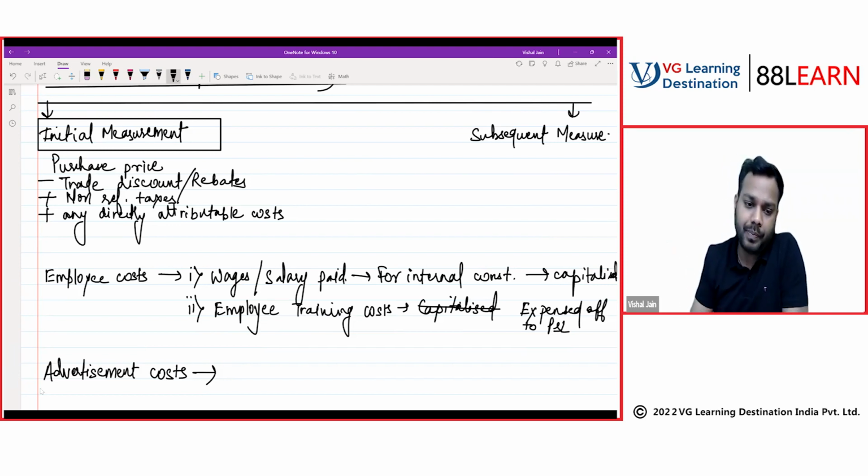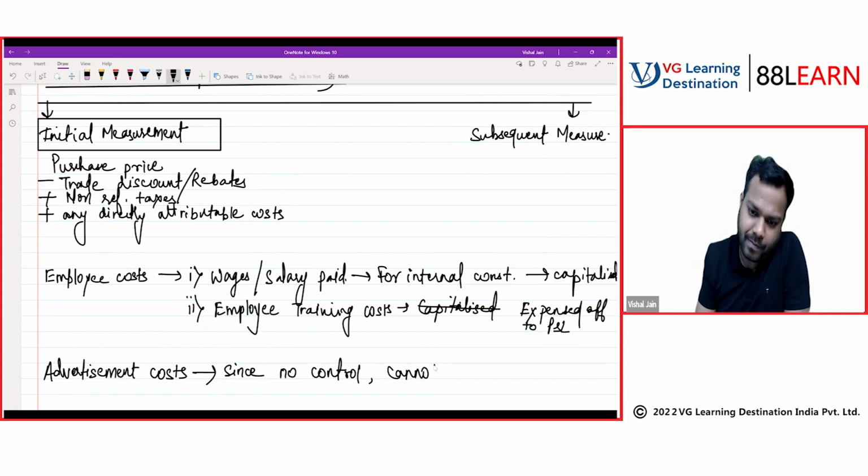So again, since there is no control, it cannot be capitalized.